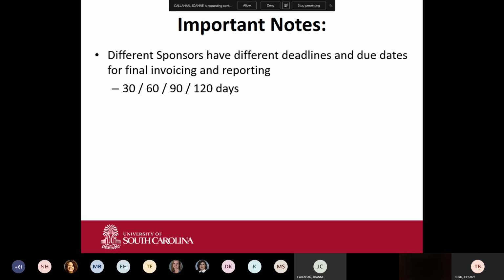In those instances, there's extreme coordination taking place. So just be aware, dependent on the sponsor requirements, the deadlines and due dates could get shortened, and you may not have even 30 days, but at a minimum, we try to stick to that 30 days.